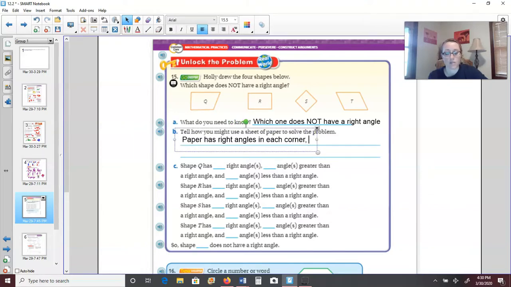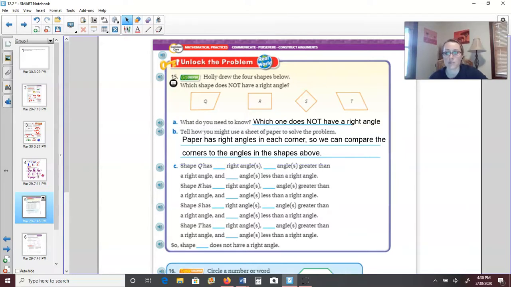So we can compare the corner to the angles in the shapes above.